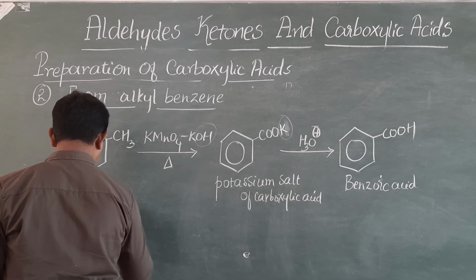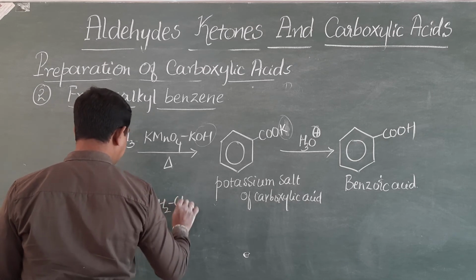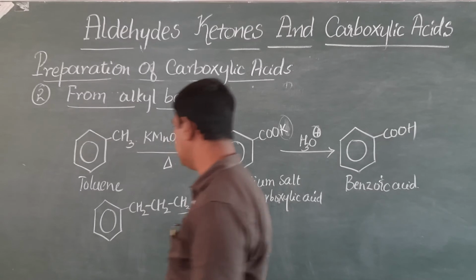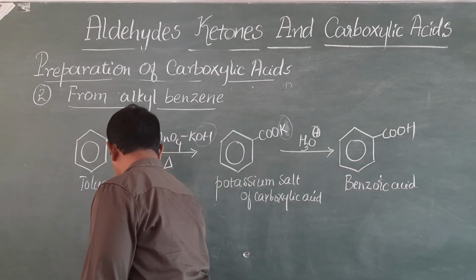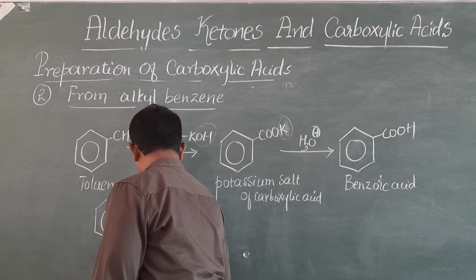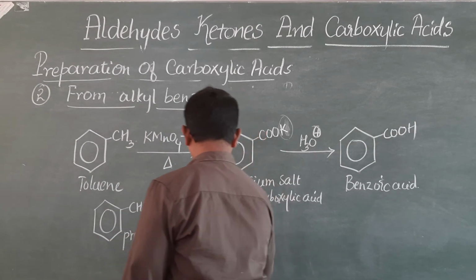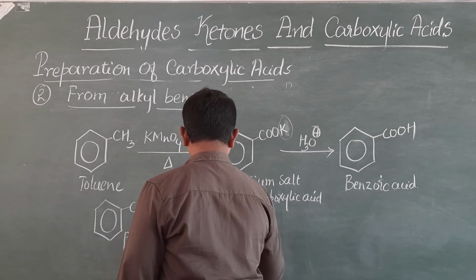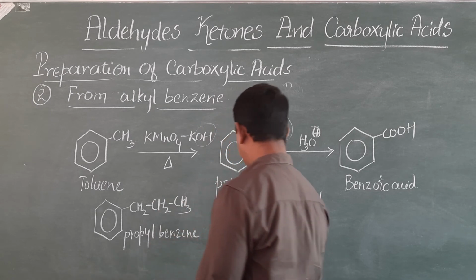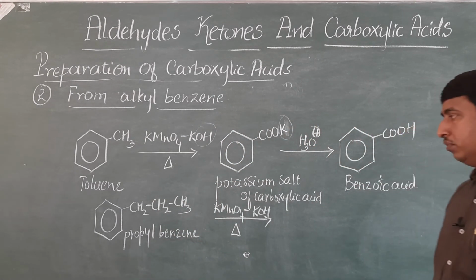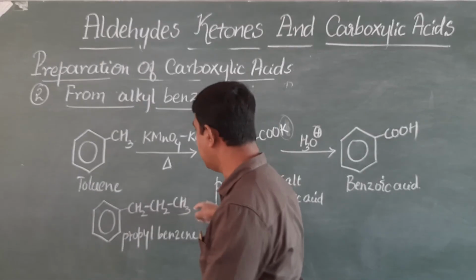Instead of methyl benzene, I will take propyl benzene, that is CH2, CH2, CH3. This is propyl benzene. Now this propyl benzene, when it is subjected to oxidation using alkaline KMnO4, already I told you, whatever may be the length of the carbon chain.